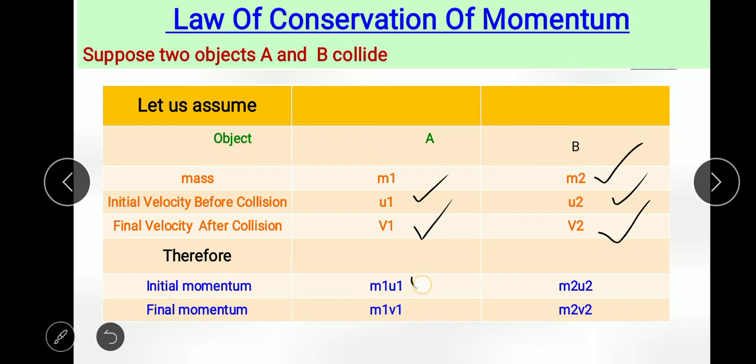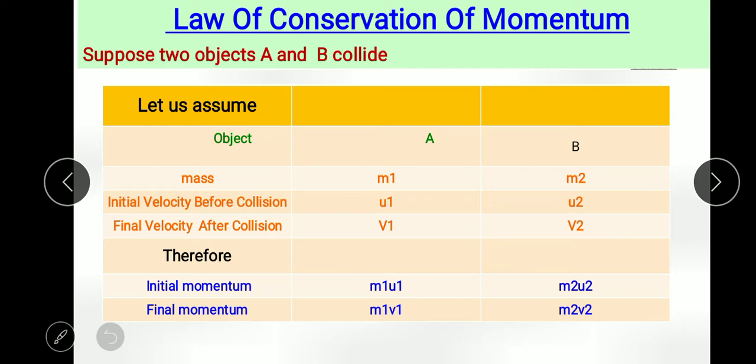So m1 u1 will be the initial momentum of object A and m2 u2 will be the initial momentum of object B.